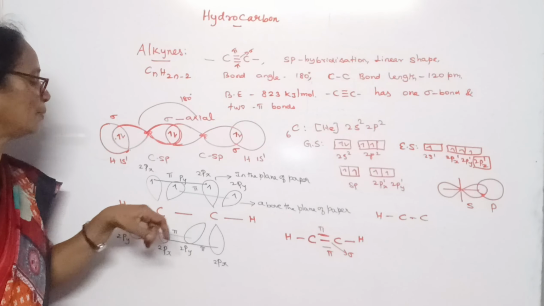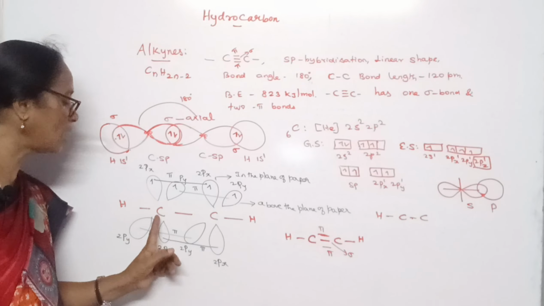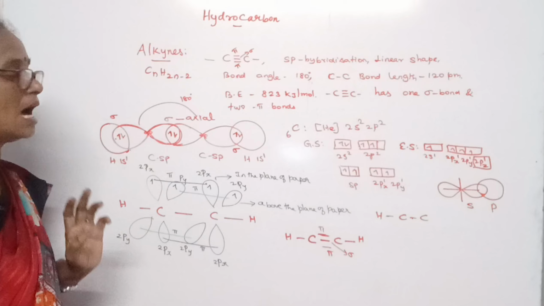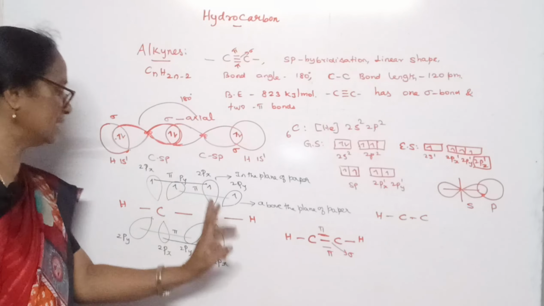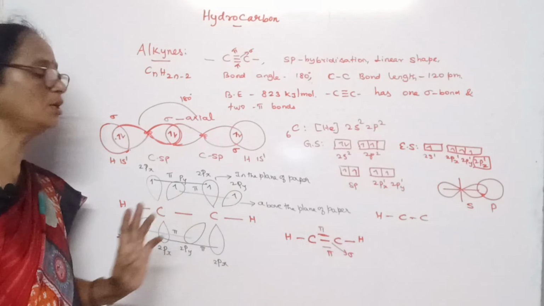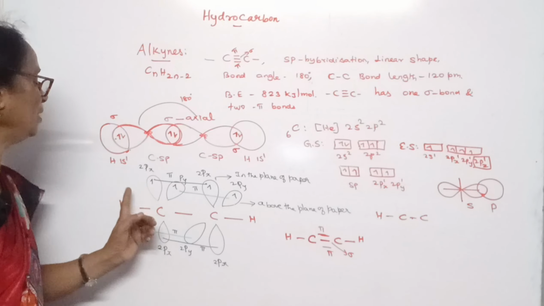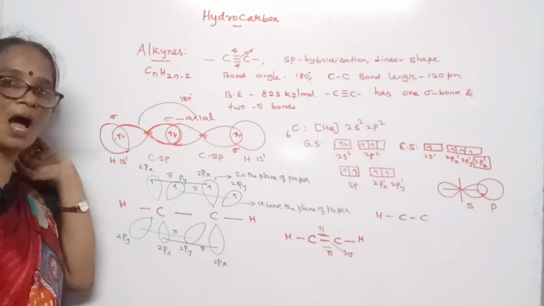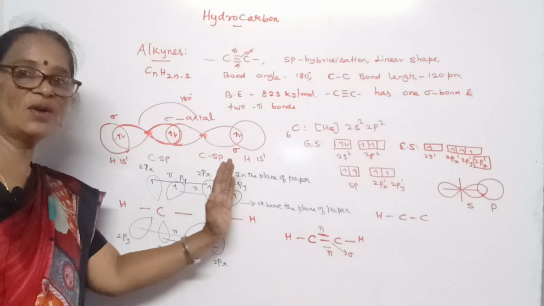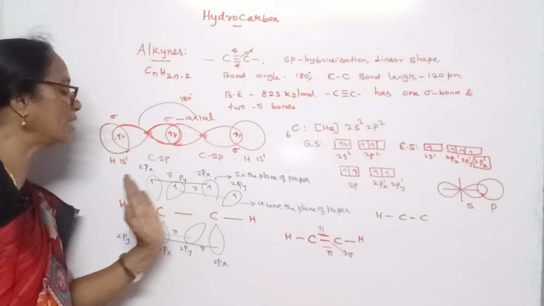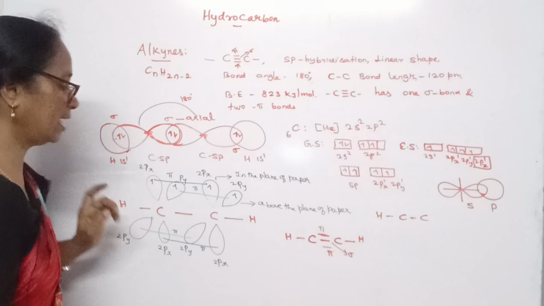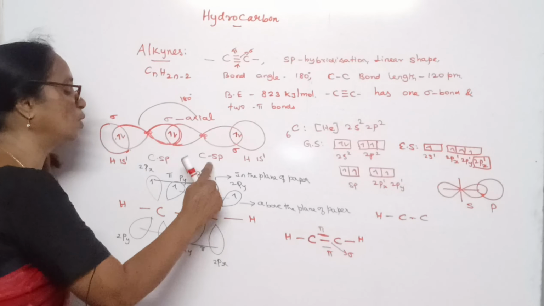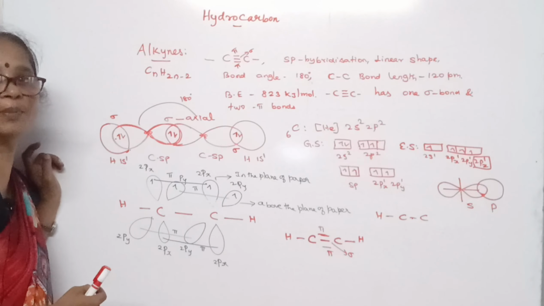Now, how are the two pi bonds produced? Let us take the carbon-carbon sigma bond. Both carbon atoms have one electron in their 2px orbital and 2py orbital. This carbon also has 2px1, 2py1. The mixing of atomic orbitals has to be side-wise overlapping, or parallel overlapping. In such cases, only the 2px orbital can overlap with the 2px orbital of the second carbon.